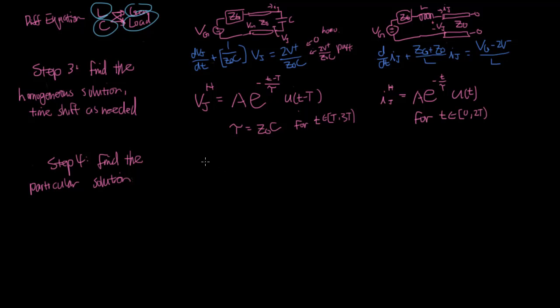And when we do that, we'll see that if we put in just a first order equation, so V_j particular is going to be E plus Ft, you can plug this in and have that equal to a constant. Similarly, for the inductor situation, you can have I_j particular equal to E plus Ft.